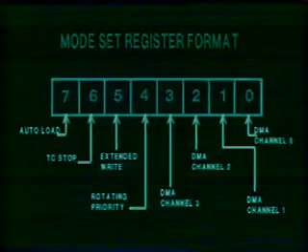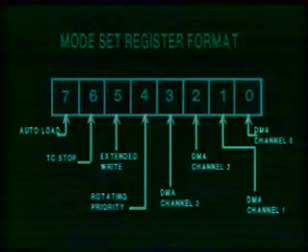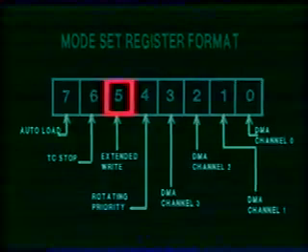We also have an extended write facility available in the mode set word, which is done by putting a 1 corresponding to bit D5. An extended write is one where the memory write and the IO write control signals are made available to the memory and the peripheral ahead of time by 1 clock period. Normally, when the control signal gets delayed, the controller gets into a wait state if one of the two devices, either the peripheral or the memory, turns out to be slow acting.